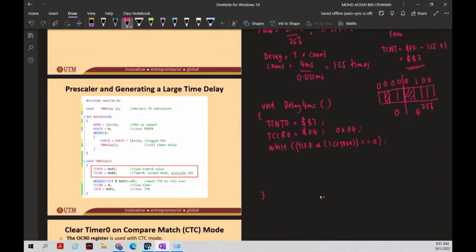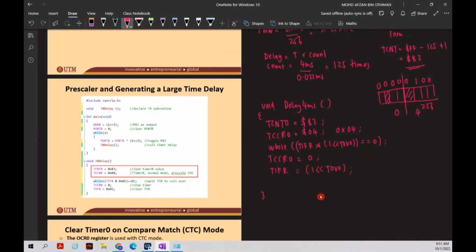If yes, it will keep repeating here. If your TOV0 equals 1, which means the overflow has occurred, you stop the timer, and then reset your TOV0 flag by putting 1 to your TOV0. You can use this representation.